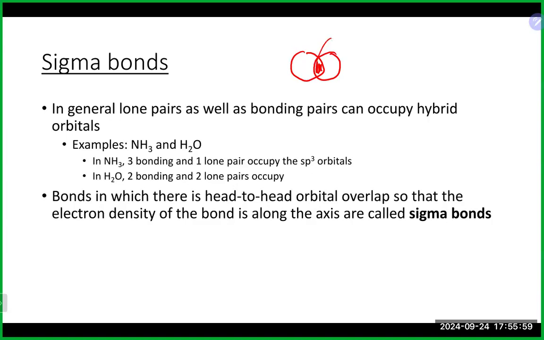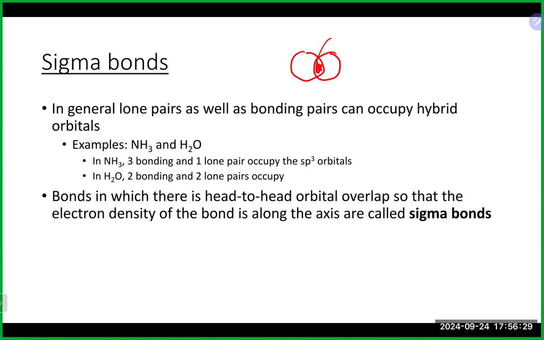That is what is referred to as a sigma bond. For lack of a better definition, you could think of all single bonds as sigma bonds. Really the first bond that's made in any type of bonding that occurs is actually a sigma bond. And that's a result of the orbitals just heading straight at each other and overlapping head on.